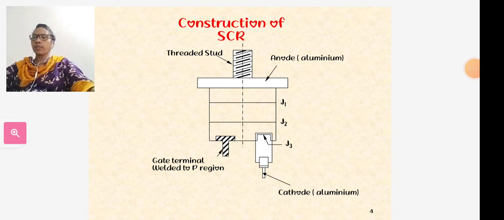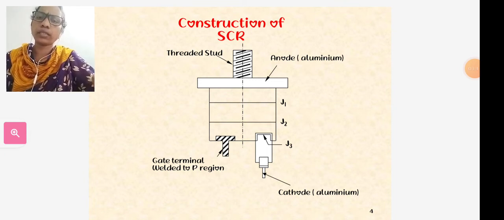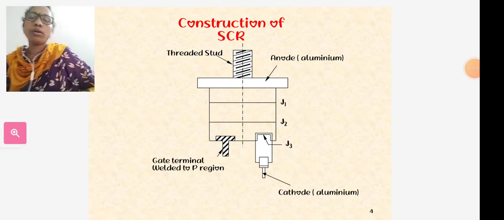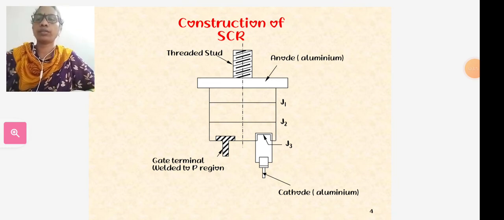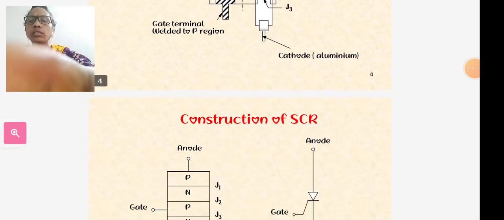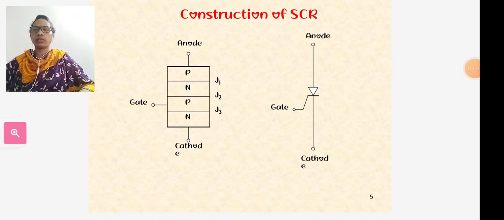Here the threaded stud is shown. The gate terminal is kept near the cathode terminal. It has the gate terminal welded to the P region and the cathode of aluminum terminal. So it has the anode, cathode and gate.